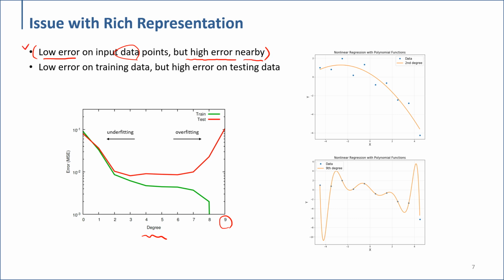This means we will have very low error on training data, but very high error on testing data. And the meaning of regression is finding the best fitting model for the data, so that we can use that model to predict for unseen data.